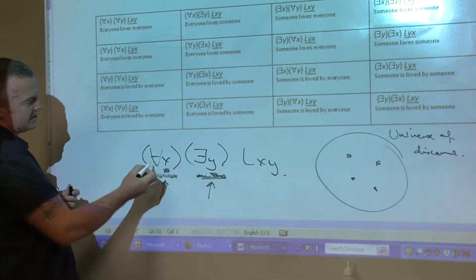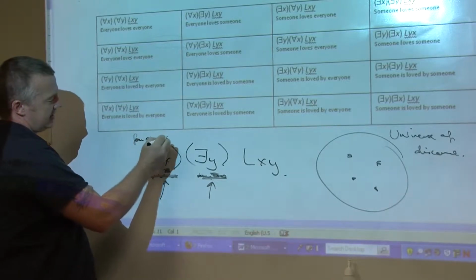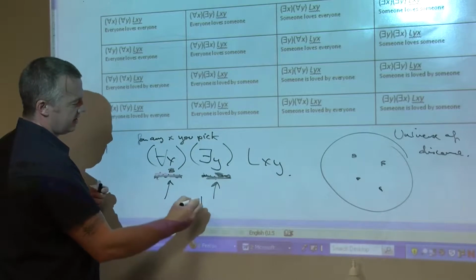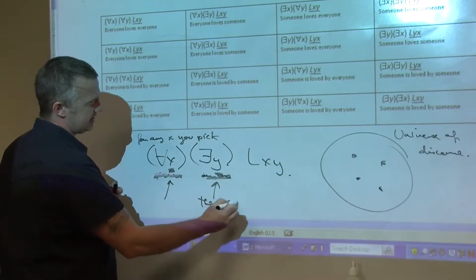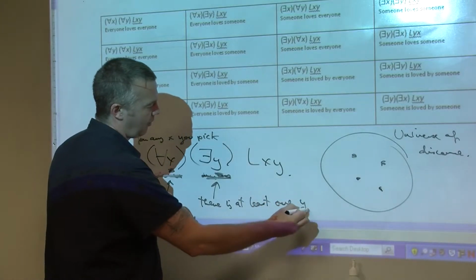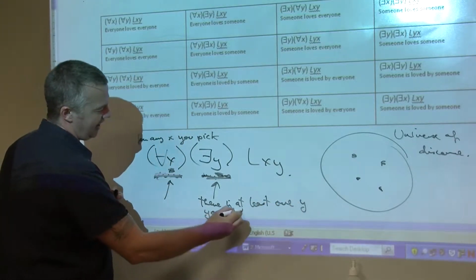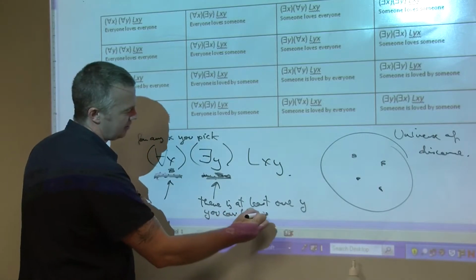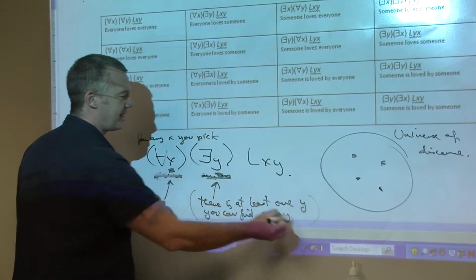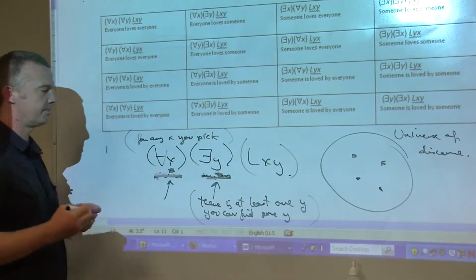So one way to interpret this is to say, for any x you pick, there is at least one y, or you can find some y such that, so that's how you'd read that part, this is how you'd read this part, such that x loves y.